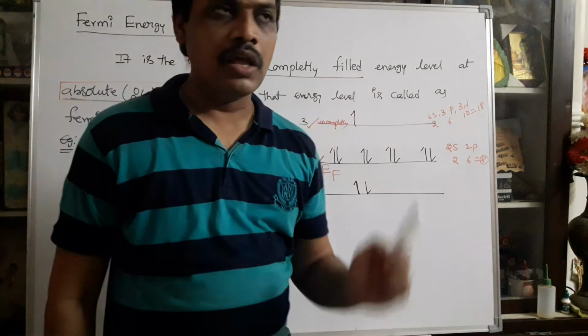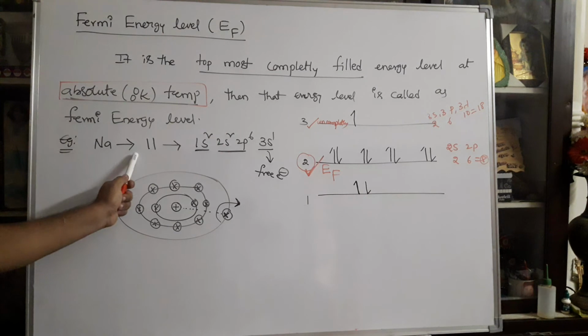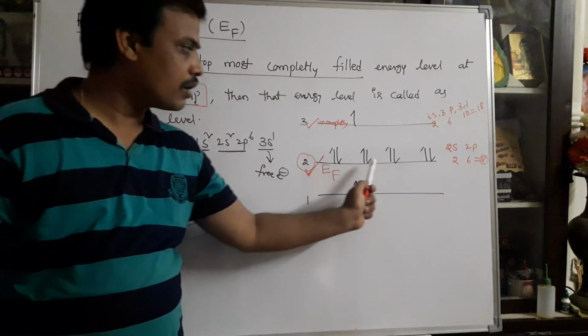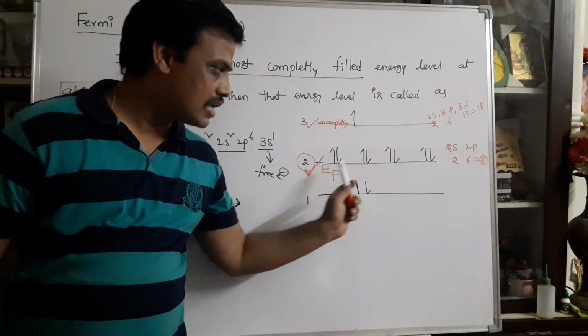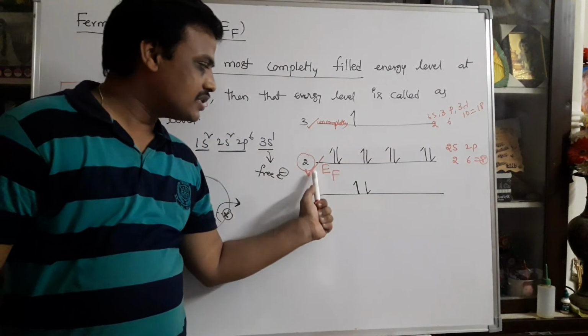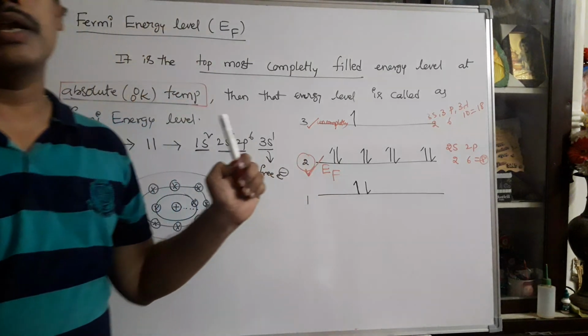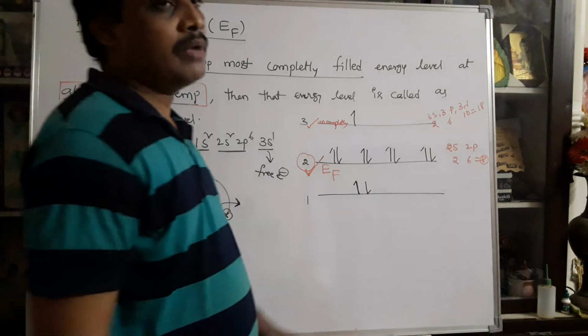According to sodium, the second orbit is completely filled as compared to the third orbit, so the second energy level can be called the Fermi energy level. That is the main point of the Fermi energy level.